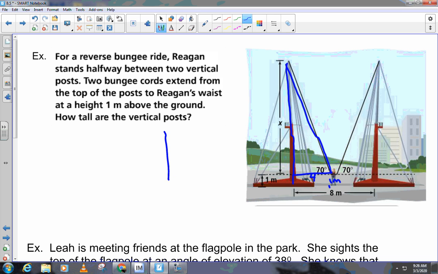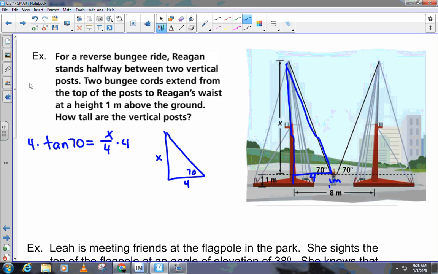So this is what my triangle looks like. This is x. My angle of elevation is 70, and this is 4. Okay. So what am I going to use to find out that height? Tangent. So I'm going to do the tangent of 70 equals x over 4. Okay. I want to solve for x. So I'm going to multiply both sides by 4.